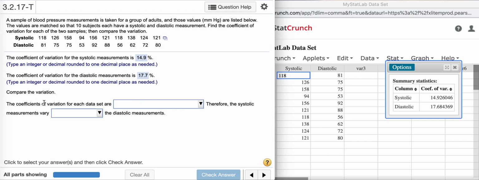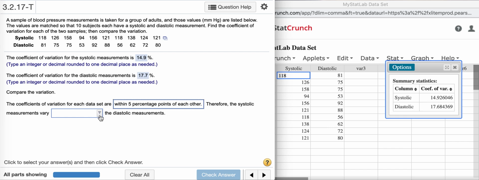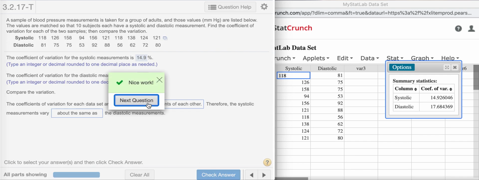So here it says the coefficients of variation for each data set are within 5 percentage points of each other. Therefore, the systolic measurements vary about the same as diastolic. Hope this helps.